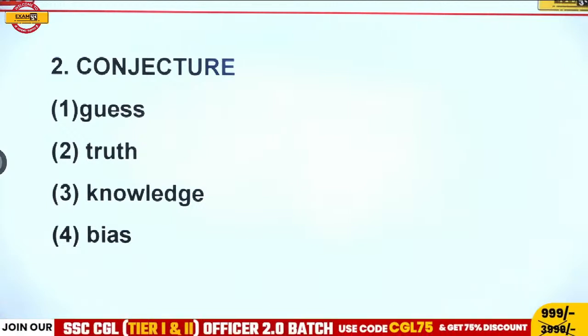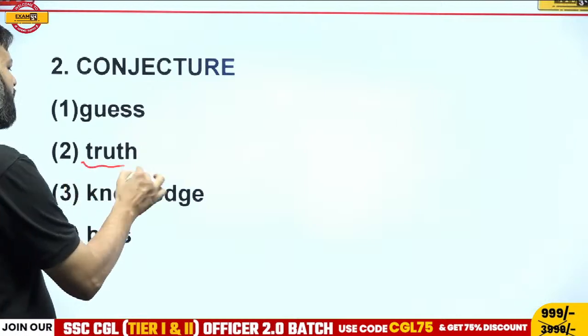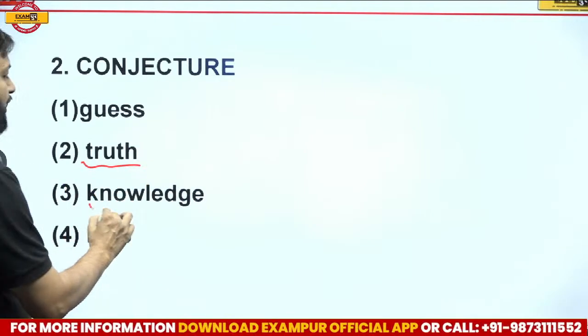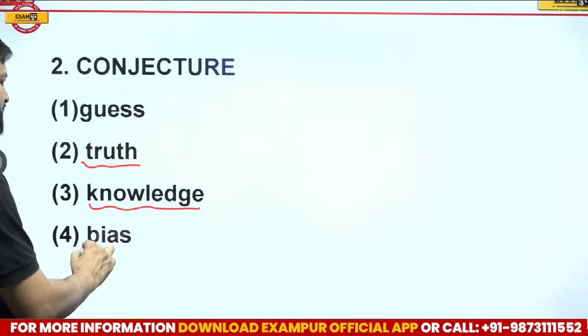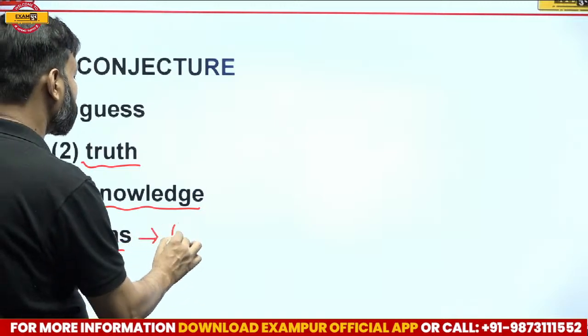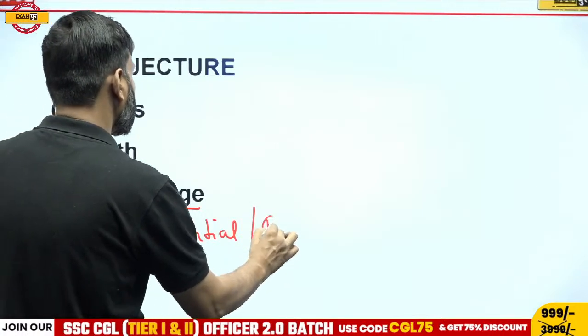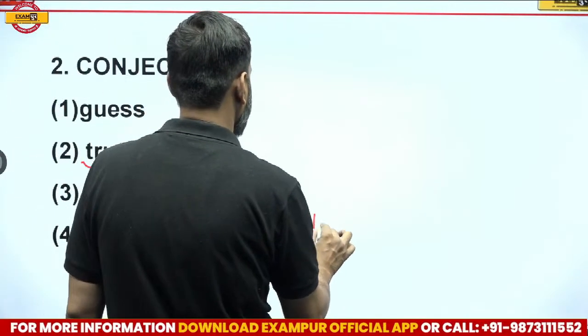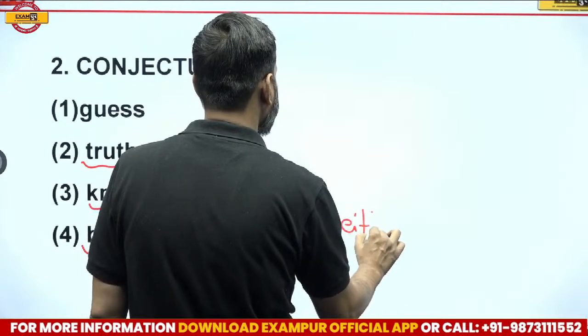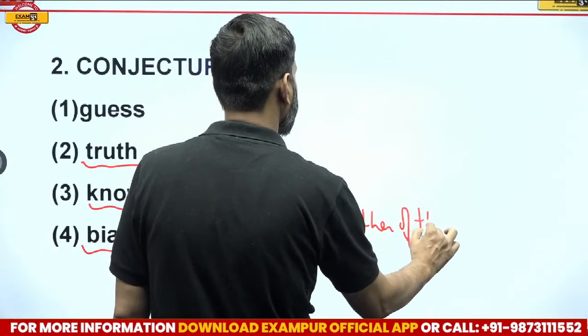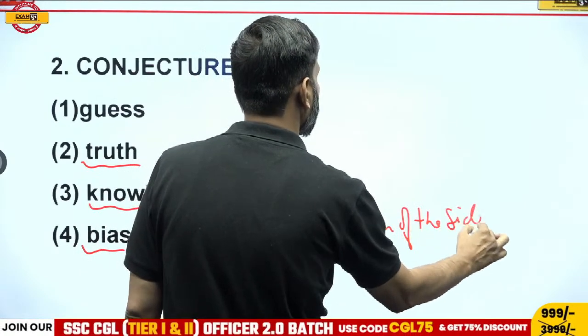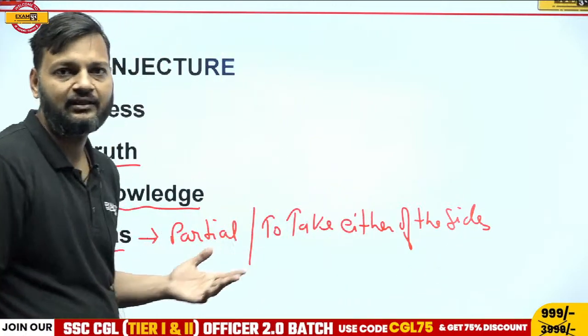What is the meaning of conjecture? See, truth, we all know what is the meaning of truth. Knowledge, we all know what knowledge is. Bias means partial, to take one side.